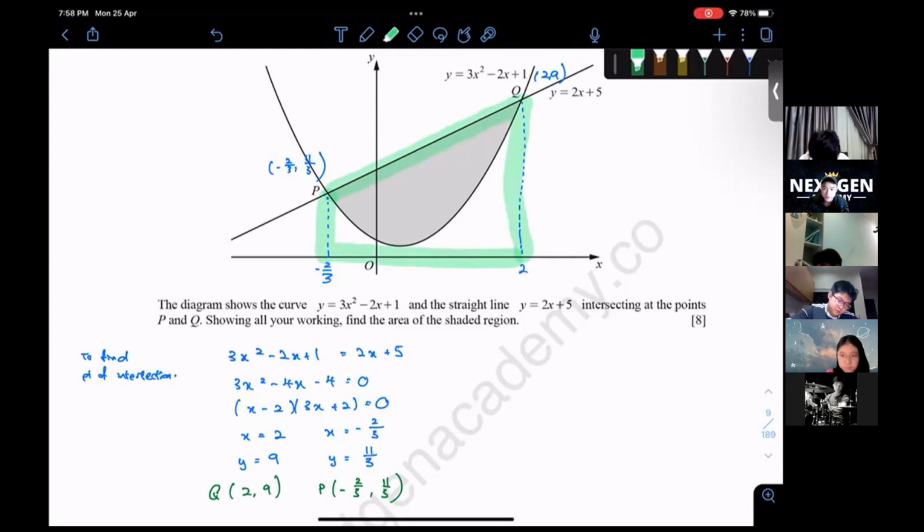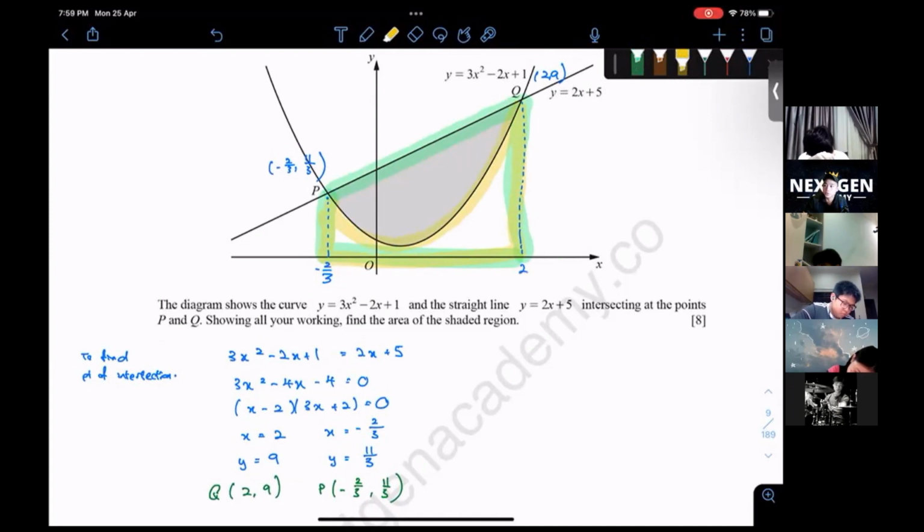You can see the area under the straight line from negative 2 over 3 to 2 is the area of a trapezium. Then after that, minus the area under the curve, the 3x squared minus 2x plus 1 curve, which is over here. So the green section minus the yellow section will give you the shaded region.